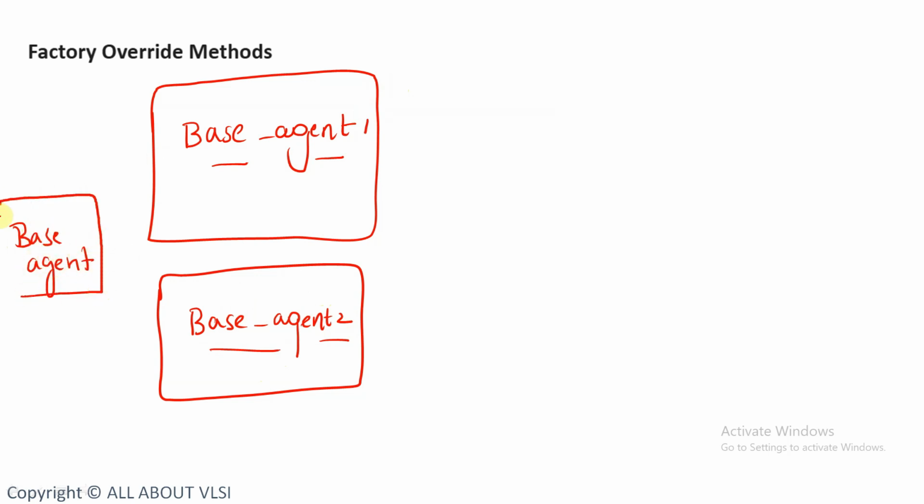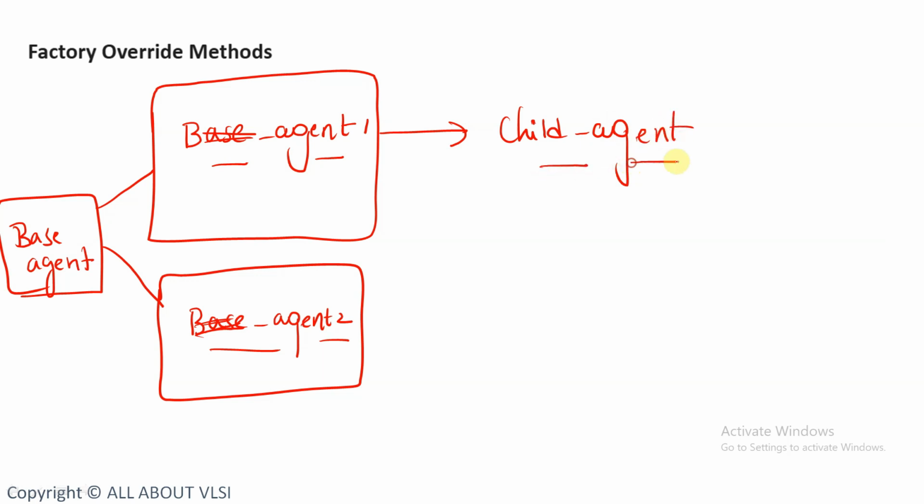So from this base agent, we are deriving these two agent classes, agent 1 and agent 2. Now from this agent 1 class, let's say one more class has been derived, which is known as child_agent. Now if I want to replace agent 1 and agent 2 with this child_agent, I can use the factory override method.